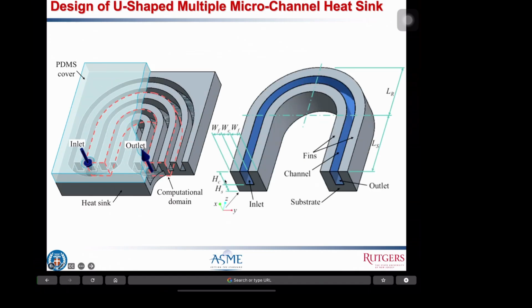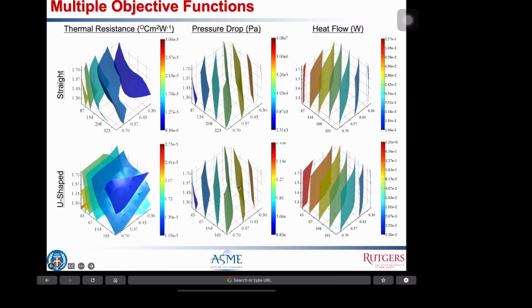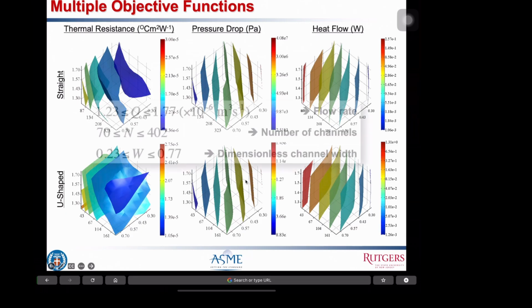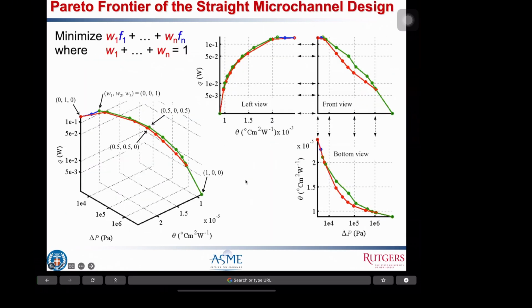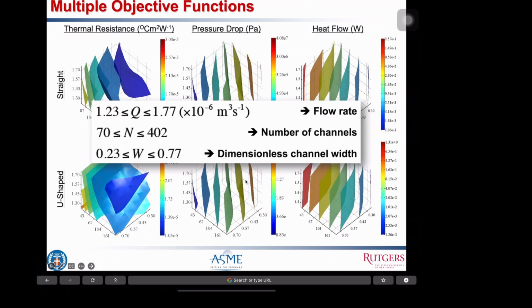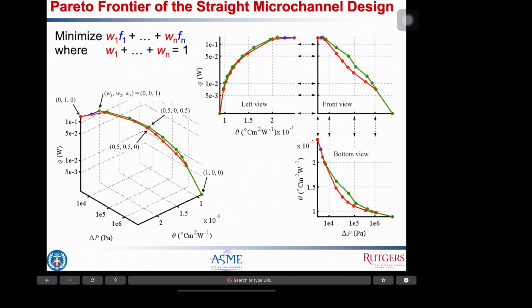Also same H and W, but one kind is a straight channel, the other kind is a U-shaped channel. Different numerical performances, and then we perform optimization, basically minimizing something and find solutions. Okay, but yeah, this is a new concept.